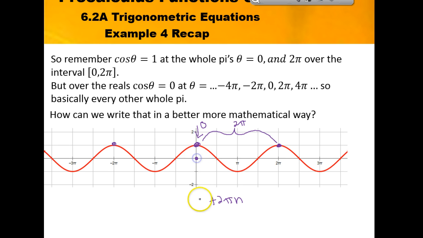So my first solution is 0 plus 2 pi n. But 0 plus 2 pi n is just 2 pi n. So I don't need to write 0 plus 2 pi n. I can just write 2 pi n for n being some integer. Now I wouldn't mark you wrong for writing 0 plus 2 pi n. Okay?